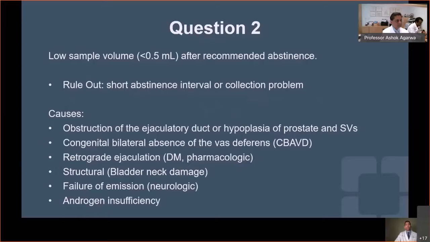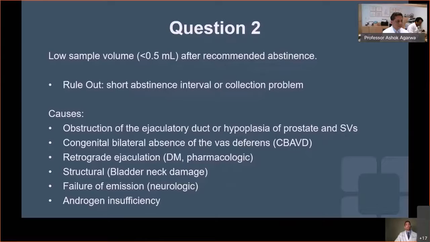Specimen collection can be a difficult or awkward scenario for many men, so we want to make sure that the specimen was collected completely in the cup and nothing spilled out, and to ask if the specimen was a normal volume that they see on a day-to-day basis, or if there was any difference in the volume of this particular ejaculate.